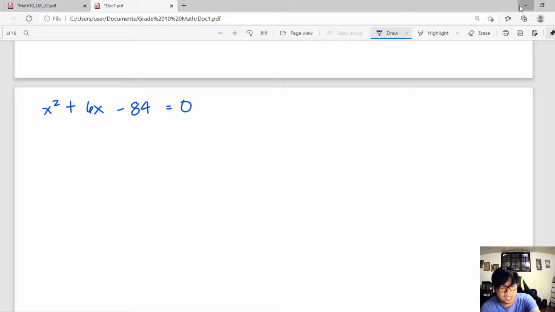In this case, we will use the quadratic formula. Do you remember the quadratic formula?